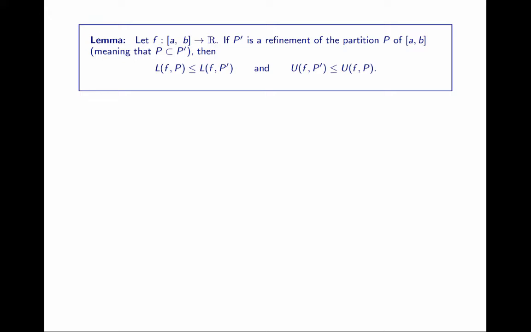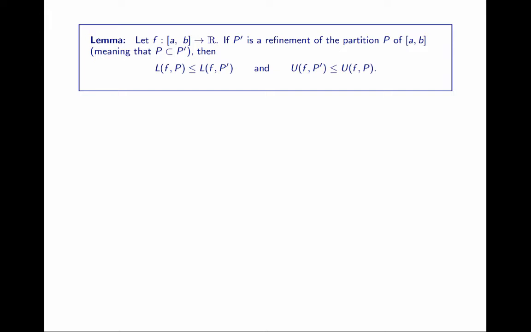Well, when I say a refinement, what I mean is that P prime, remember, P prime is just a set of increasing points. P prime contains all the points of P. In other words, if I start with the partition P and refine it, I'm keeping all of my partition points and I'm adding to it more partition points.